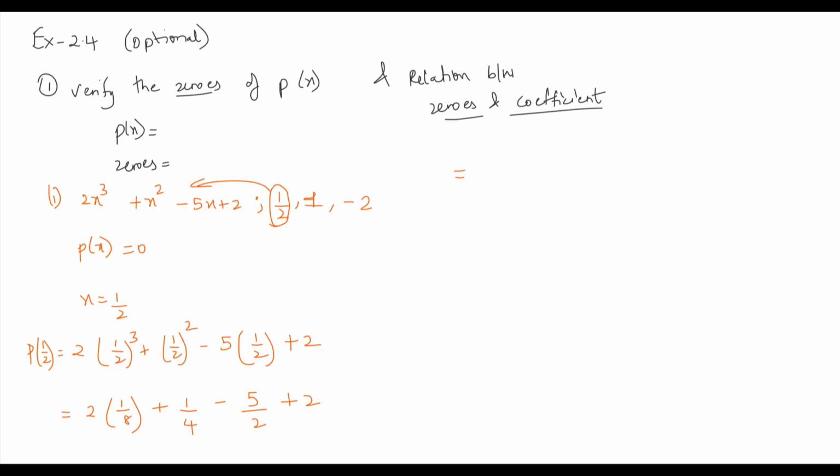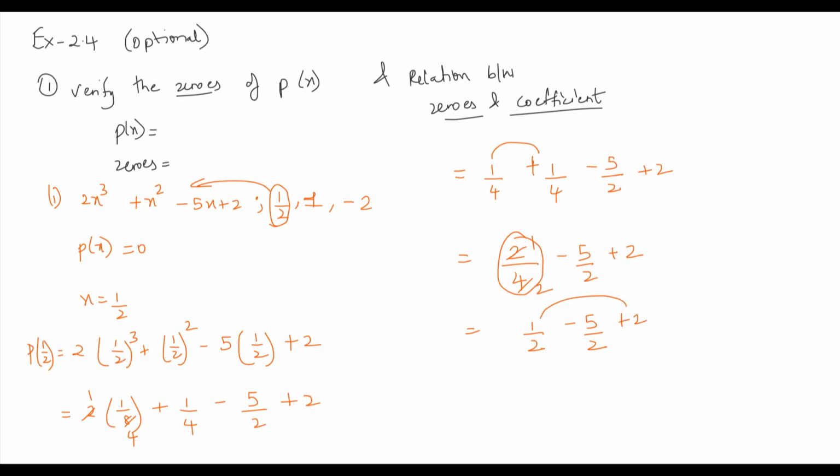Next step, 2 ones are 2, fours are 4. You will get 1 by 4 plus 1 by 4 minus 5 by 2 plus 2. So 1 by 4 plus 1 by 4 will give us 2 by 4, minus 5 by 2 plus 2. So 2 by 4 is 1 by 2, minus 5 by 2 plus 2.